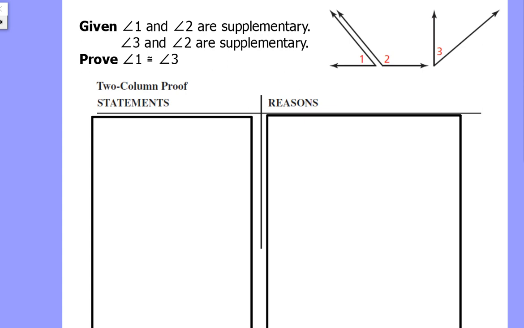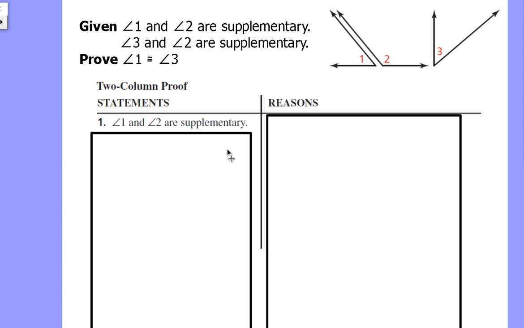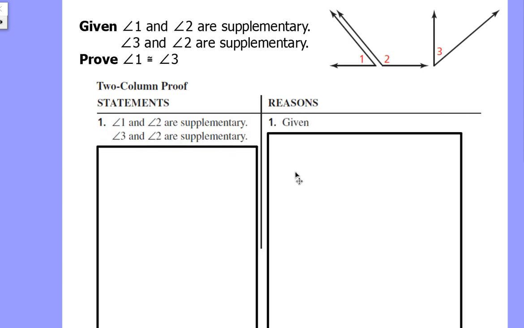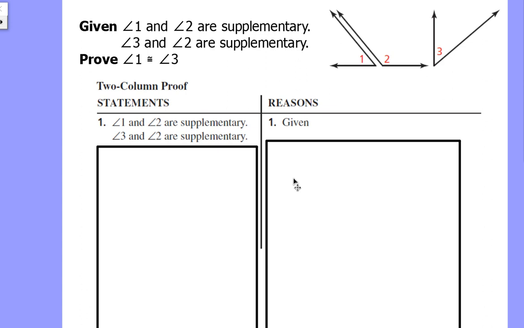So let's start here. We know, of course, that 1 and 2 are supplements and 3 and 2 are supplements of each other. So that is what is given to us in this situation. If we're starting to notice a pattern in these videos, I ask you the question: what does it physically mean for 1 and 2 to be supplementary and for 3 and 2 to be supplementary?